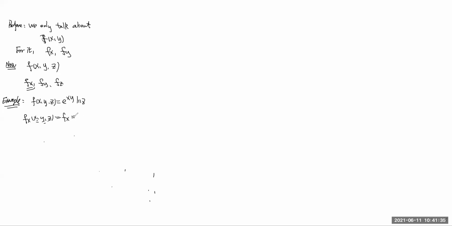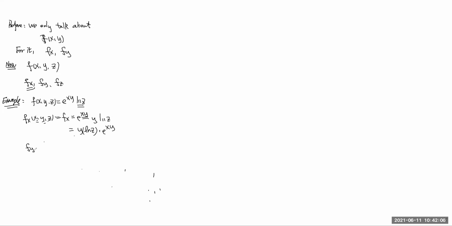So we get f_x. When you're computing f_x, y is a constant, so this is a constant. So we only need to care about this part. This is e^(xy), right? X is a variable, y is a constant. So we differentiate this part in x, we get y, and then we get ln z. So the answer is y ln z e^(xy).